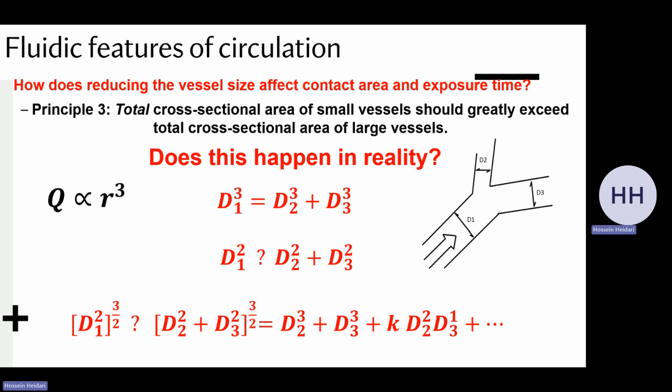So this alone tells us that if you compare these two, on the left-hand side, you basically have D1 squared.